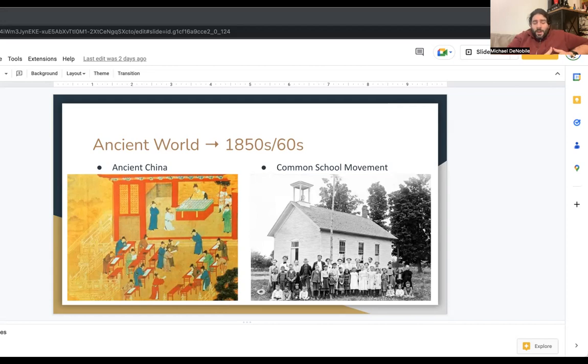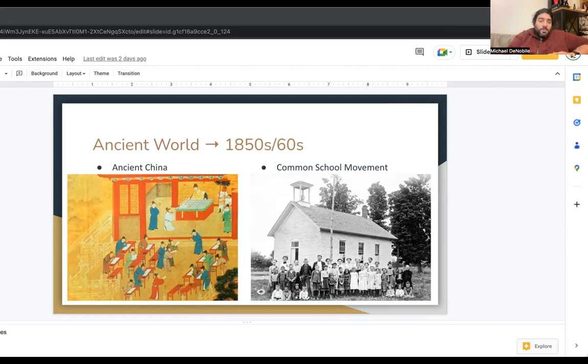Other things that we really need to understand to really wrap our heads around the common school movement and this time frame is it's the intersection of many different things, particularly in the United States: the Industrial Revolution, the Scientific Revolution, and then particularly in the US, the American Civil War. And so public schools were created because we needed a competent citizenry in America.